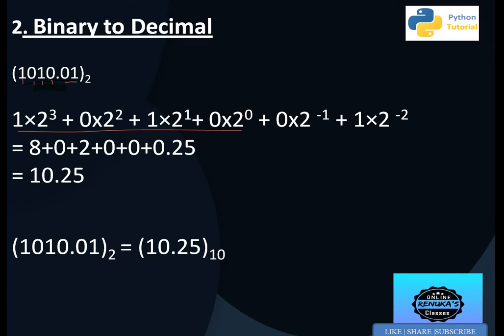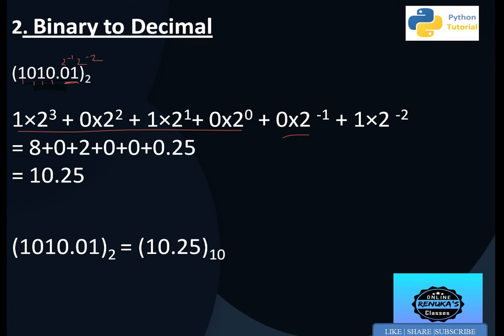But for the fractional part, we start from the left hand side, and the place values will be 2 raised to power minus 1, then 2 raised to power minus 2.